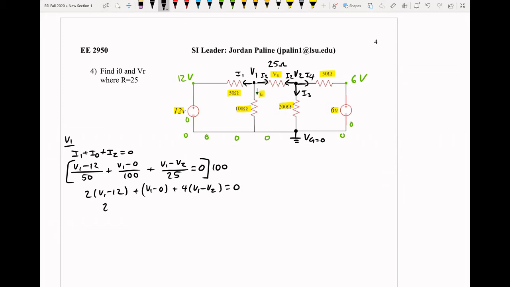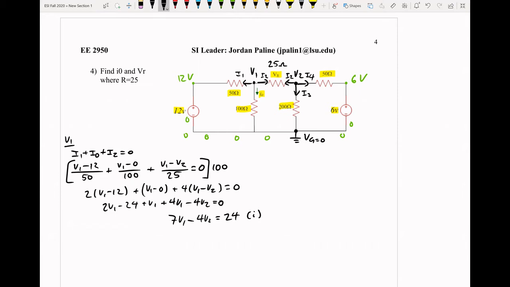And we will get 2 V of 1 minus 24 plus V of 1 plus 4 V of 1 minus 4 V of 2 is equal to 0. Combining like terms, we'll get 7V1 minus 4V of 2 equal to 24. This will be our first equation.